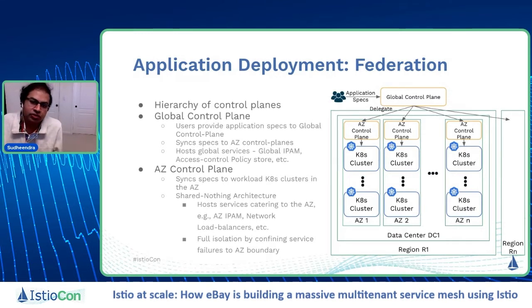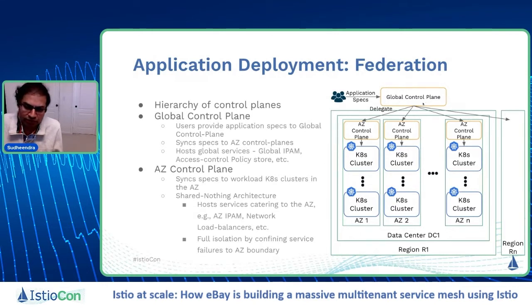With so many availability zones and data centers, how do our developers deploy their applications? To help our developers, we have a hierarchy of control planes. Each control plane is a Kubernetes cluster, hosting services that are responsible for delegating controls, or services that serve things at that particular level in the hierarchy. For example, we have this global control plane. The global control plane is where users submit their application specs.